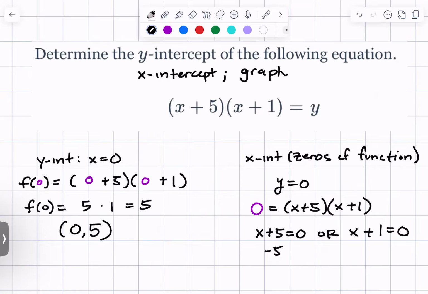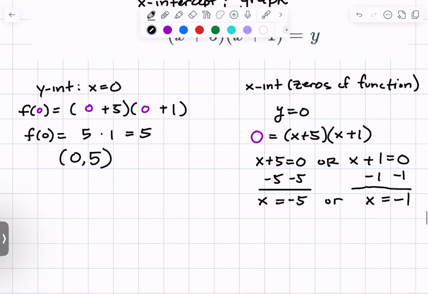So I'm going to subtract 5 on both sides, subtract 1 on both sides to get x is equal to negative 5 or x is equal to negative 1. And so if we're left with negative 5 or negative 1, then I know that my x-intercepts are negative 5, comma 0 and negative 1, comma 0. Right?